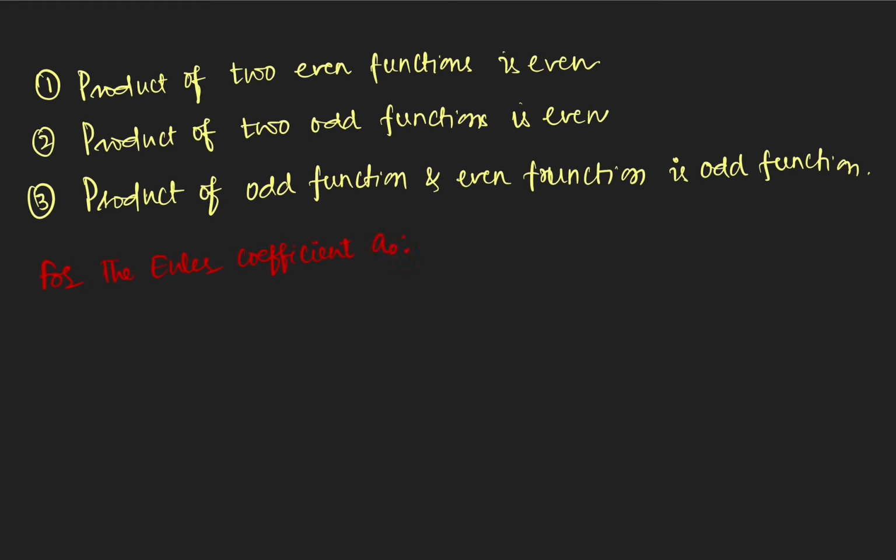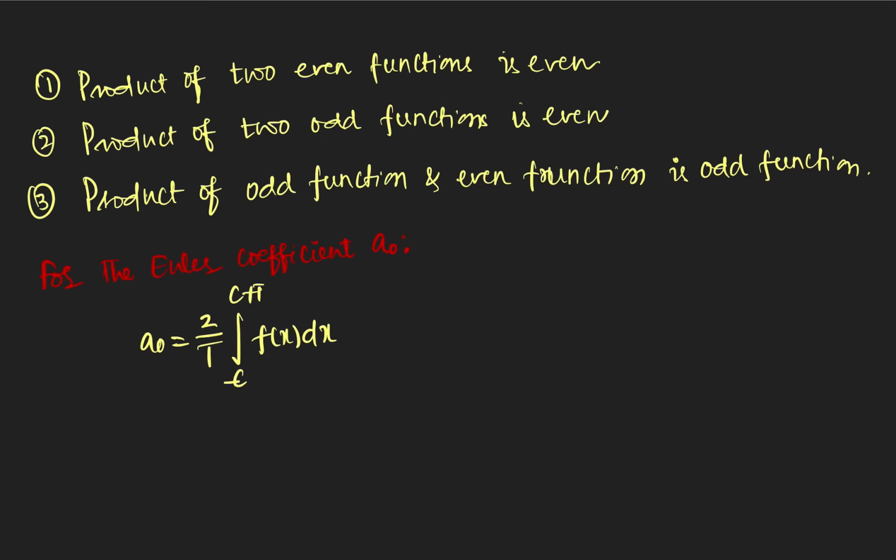So what is the formula for the Euler coefficient? A naught is given by 2 by T, integration runs from c to c plus T, f of x into dx.